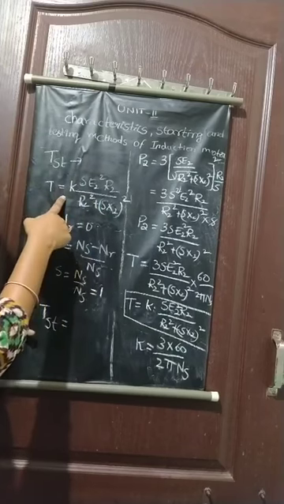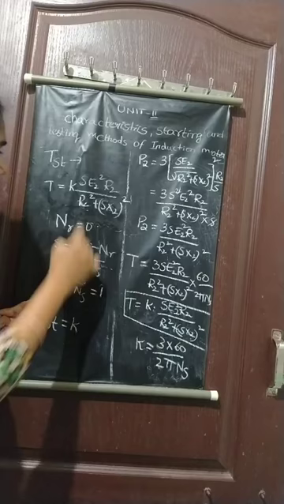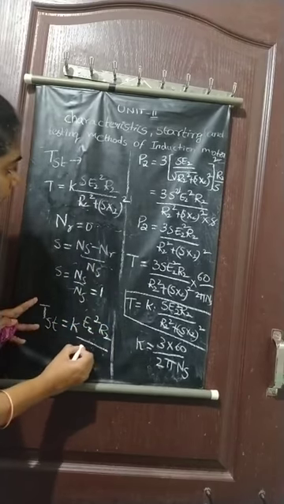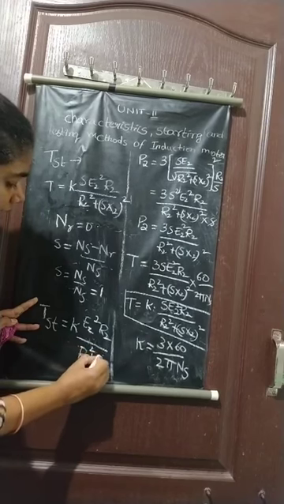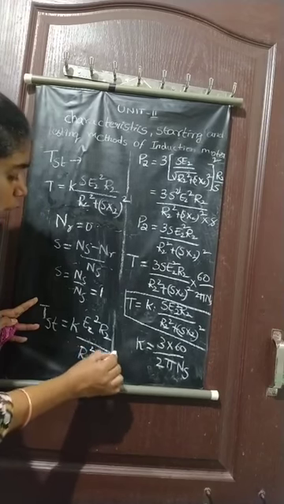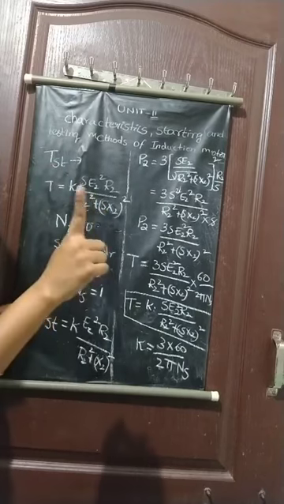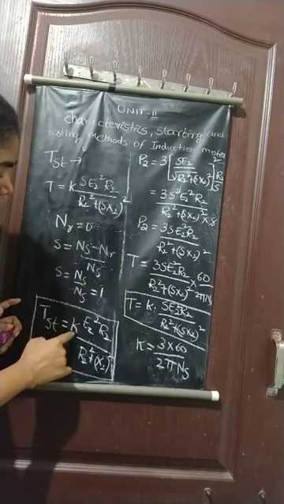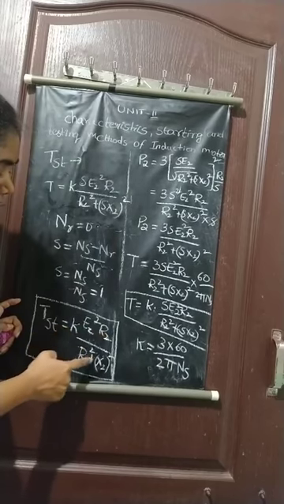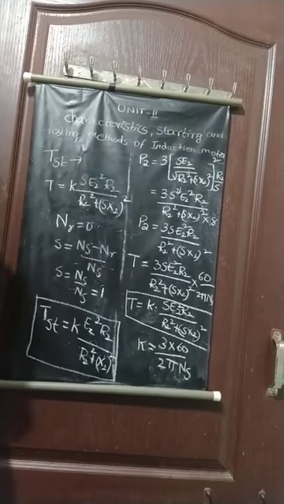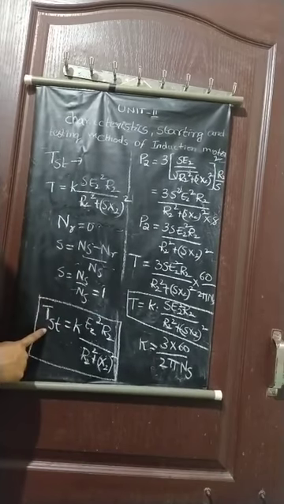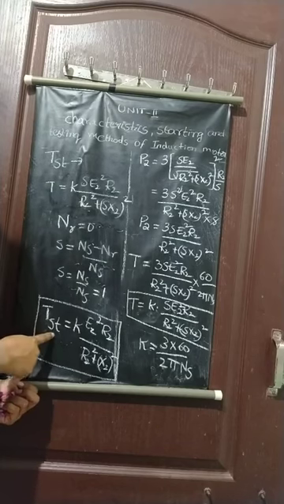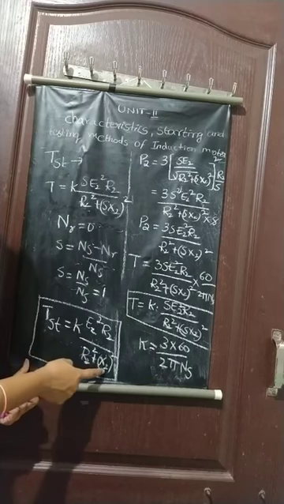In the starting condition, substitute S equal to 1 in the torque equation: T starting is equal to K into E2 square R2 by R2 square plus X2 whole square, because here S is 1. So the starting torque equation in an induction motor is TST equal to K into E2 square R2 by R2 square plus X2 whole square.